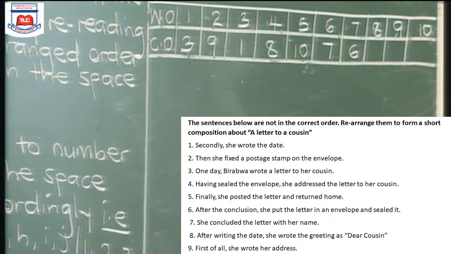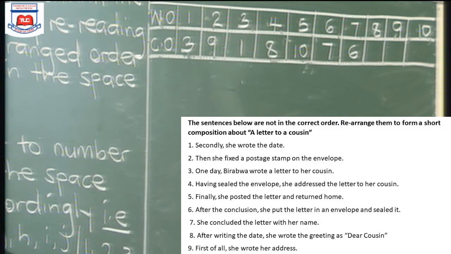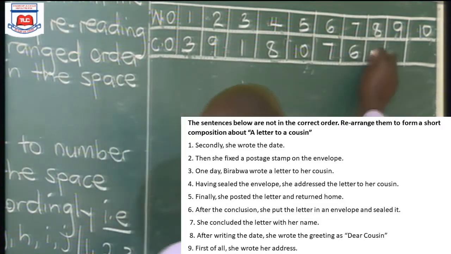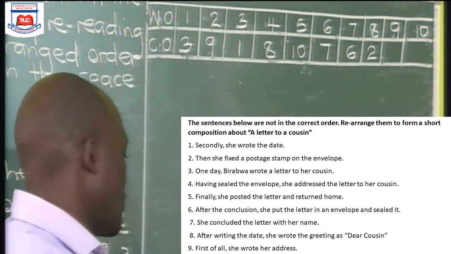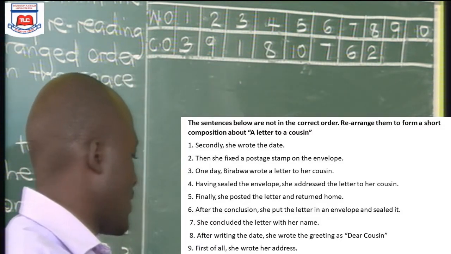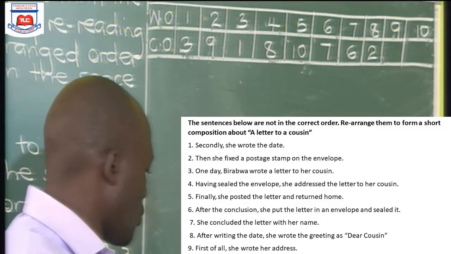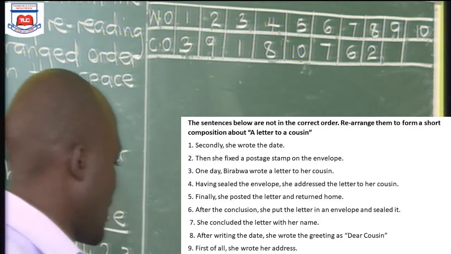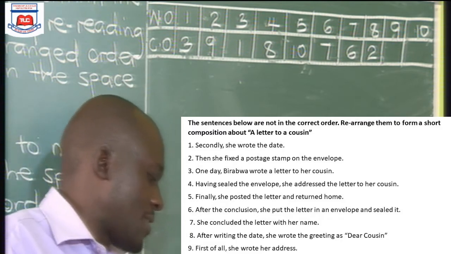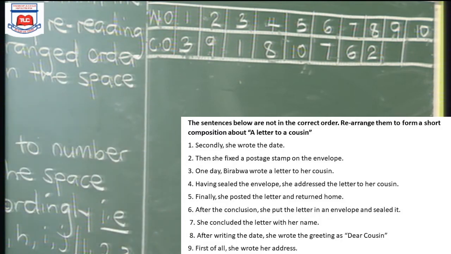After sealing the letter, we go to number 2 as our next. That's our number 6. She concluded a letter with her name. After the conclusion, she put the letter in an envelope and sealed it.